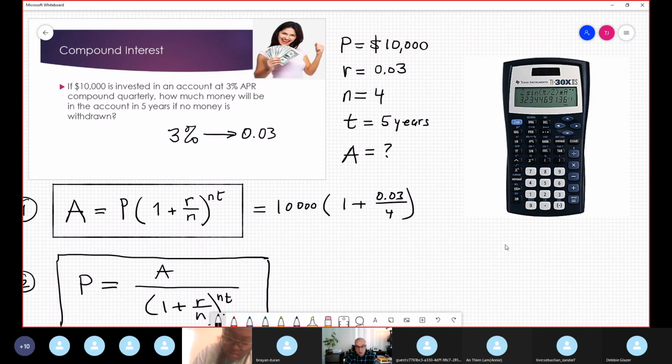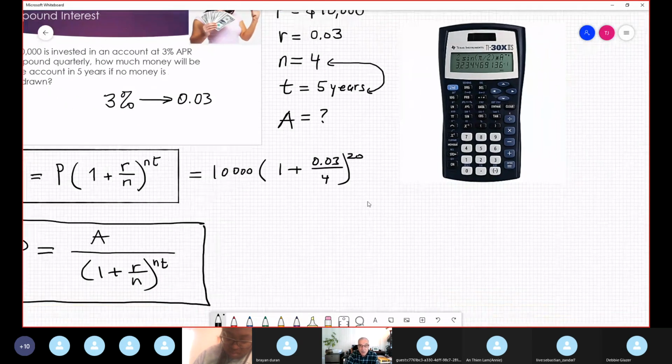So the exponent here is the multiplication NT. N is 4, T is 5, the exponent is 20. And that makes sense because you have 5 years and you split each year into 4 quarters. In total, we have 20 periods because it's a multiplication, 5 years times 4 quarters. So actually we have 20 quarters, okay?